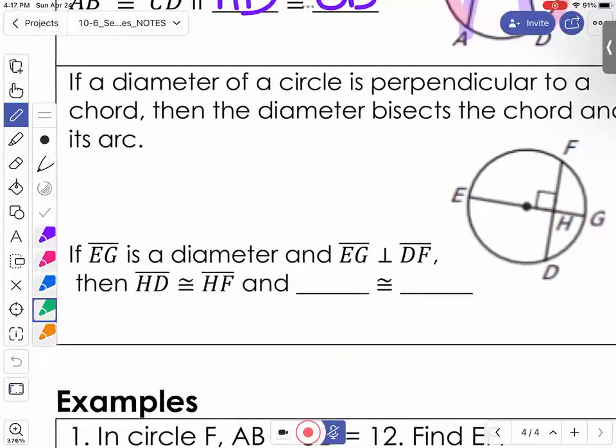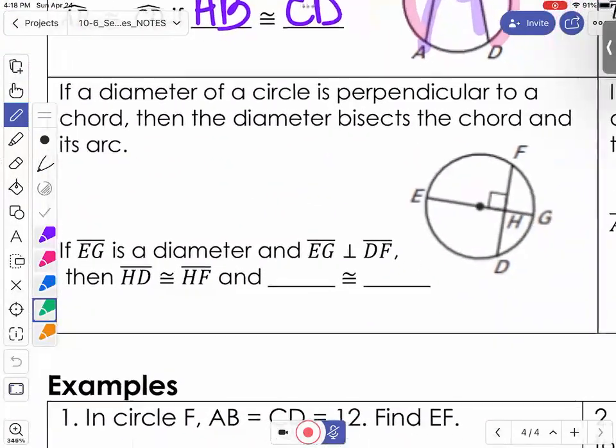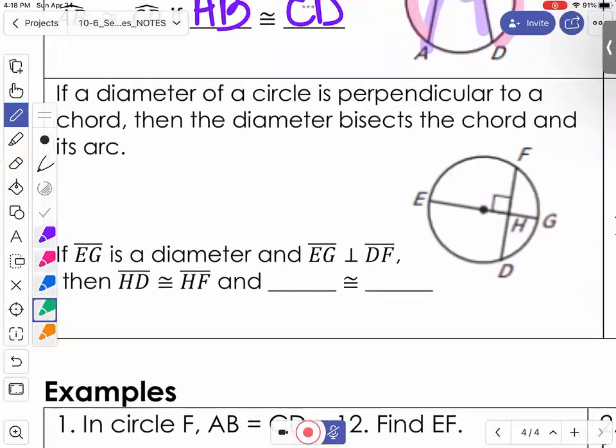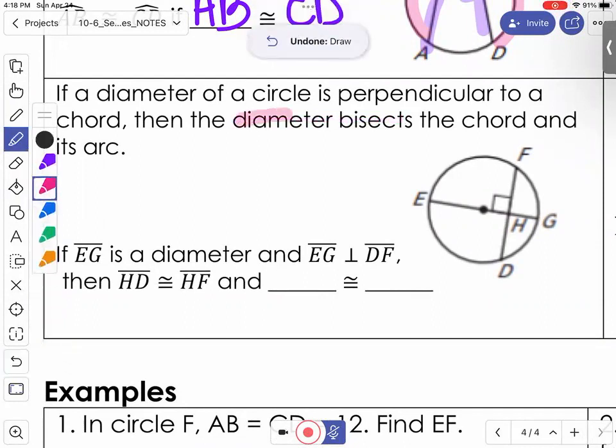Our third property, now that we know we have a diameter, says if the diameter of the circle is a perpendicular bisector, then the diameter bisects the chord and then the arc. So if I know the diameter, then I have to have that center.